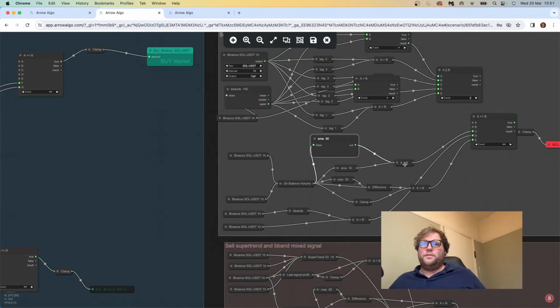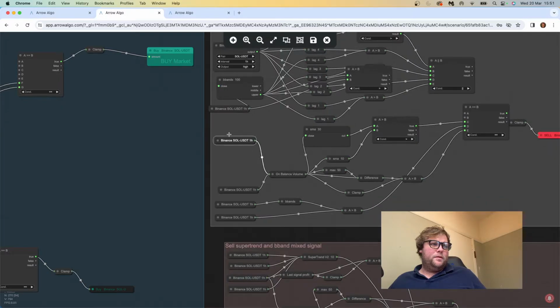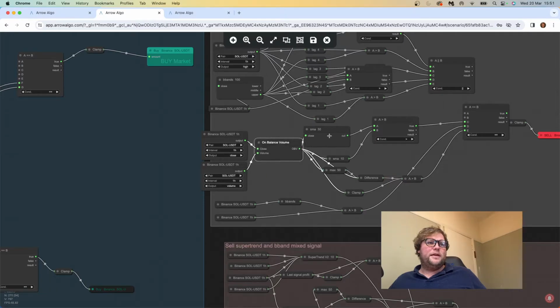For our third condition, again we're looking at volume. So we're feeding in hourly closing price and hourly volume into our on-balance volume indicator.